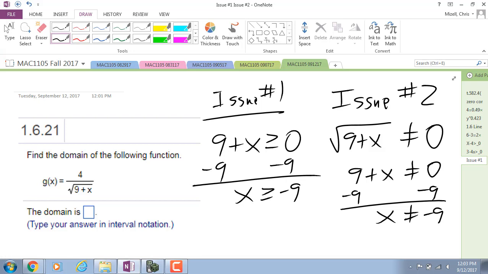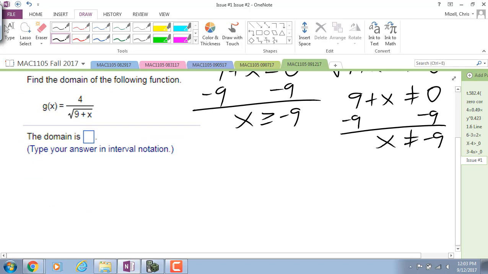So if on the one hand, x has to be greater than or equal to negative 9, and on the other hand, x is not allowed to equal negative 9 itself, what can we conclude? Put both those issues together. In fact, join them with the word and, because they both have to be satisfied. x is greater than or equal to negative 9, and x is not negative 9.